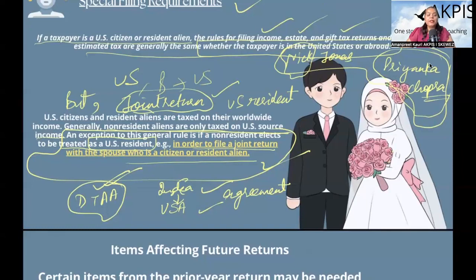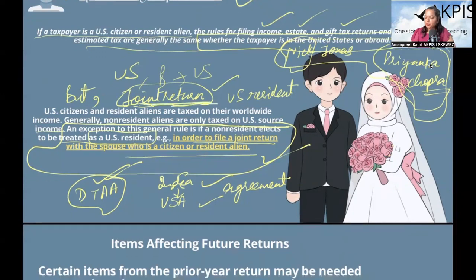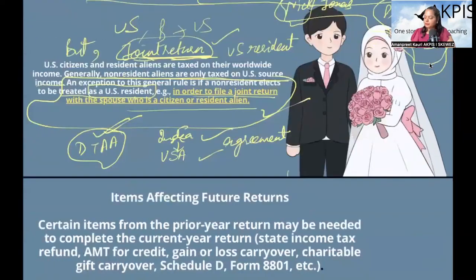Why? Because they are filing a joint return. So what is the crux? The crux is this: even if you are a non-resident, you are given an option to be treated as a resident. In which situation? For example, in filing a joint return.